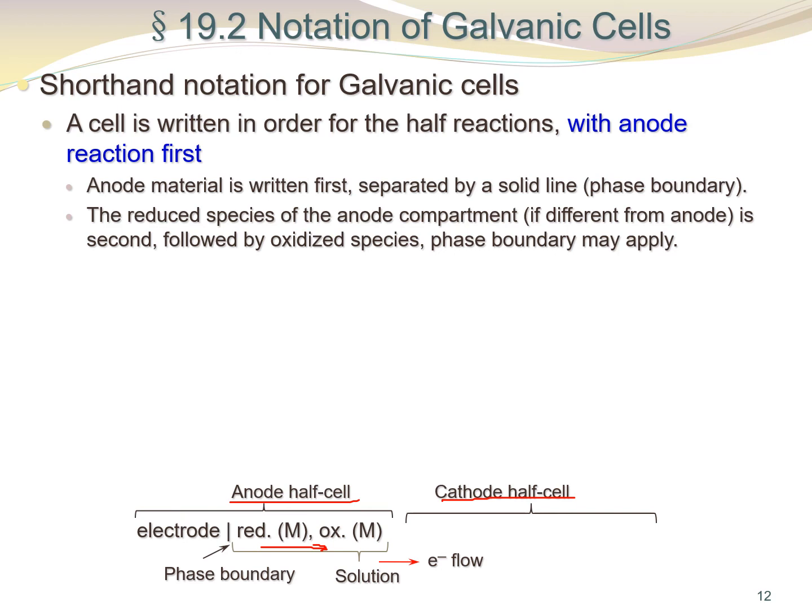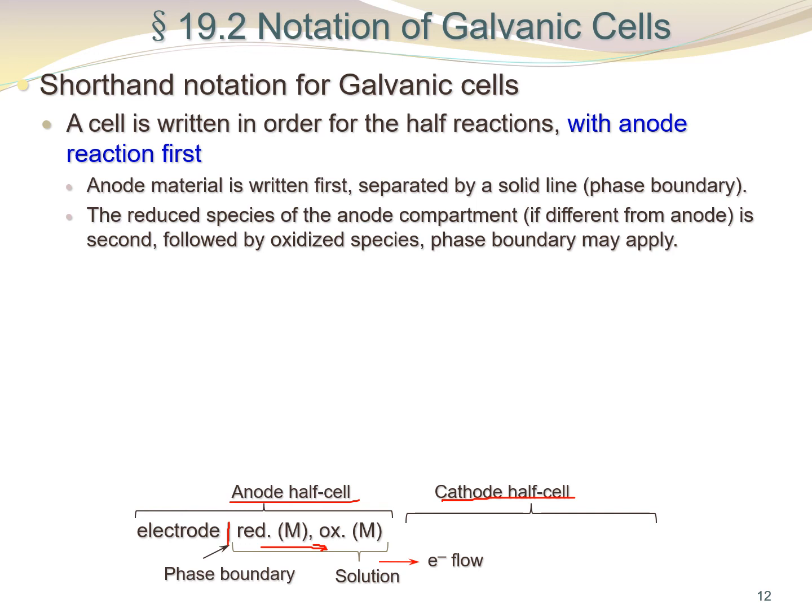The bar here represents the phase boundary. And of course, if we have a phase boundary like between solid and liquid, we need to let people understand that the electrode should be the solid as always, and whatever is in between here could be other phases like a gas or liquid or some kind of solid as well. But once we realize these two have different states, there could be another bar in between, because the bar tells us they are in different states.